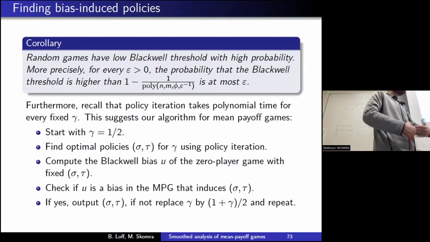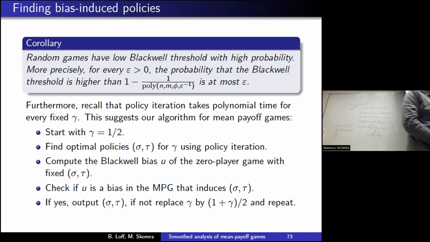So you start with gamma equal 1/2. And you compute the optimal policies using policy iteration. It's strongly polynomial for fixed gamma, right? Then check if these policies happen to be Blackwell optimal in your entire game. If they are Blackwell optimal, you won. If they are not Blackwell optimal, then up the gamma, right?